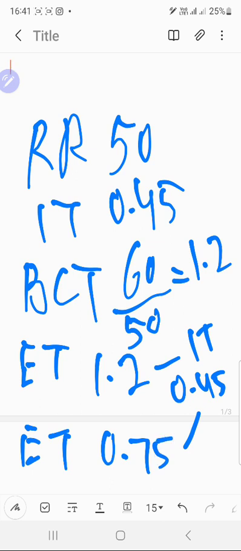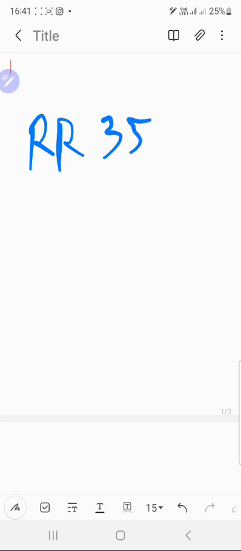So what we have done in that patient is decrease the respiratory rate to 35.